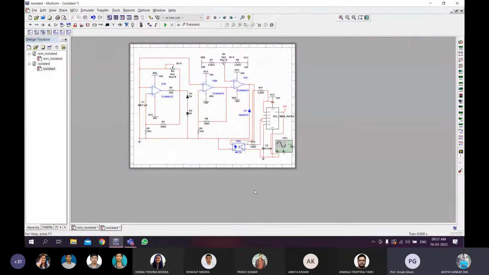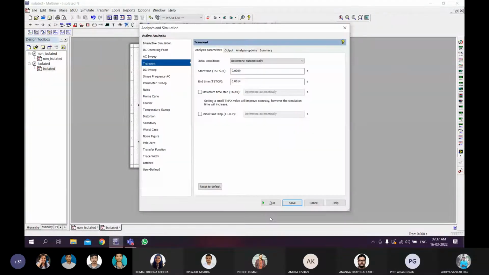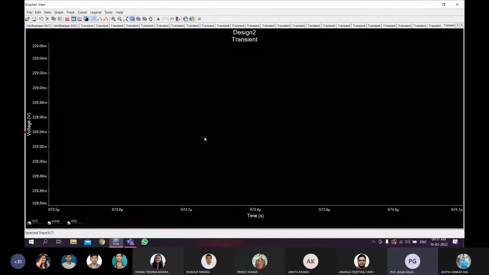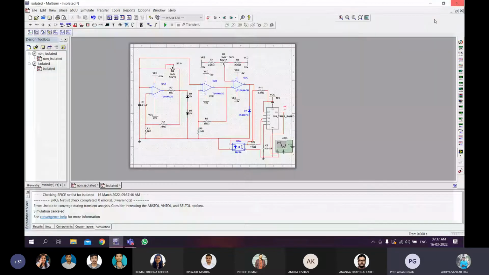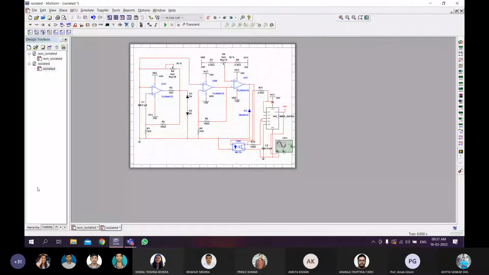Tell me. When I am doing this simulation, nothing is coming. This is for the isolation portion. But when I run the simulation, nothing comes. Some error is there, that's why it is not coming. Make it auto. Is it running? Run first. Run your simulation.